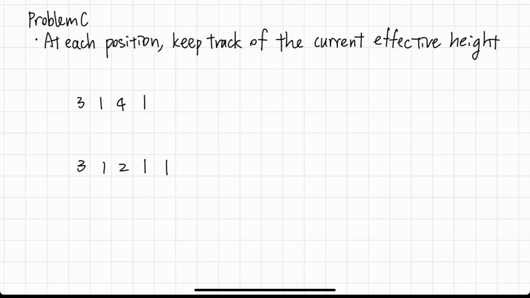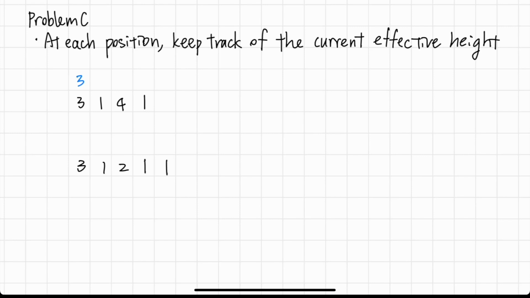So at the beginning, the effective height would be 3 because the first domino would be hit, and then this would create a height of 3 that would bump into the dominoes that go after it.